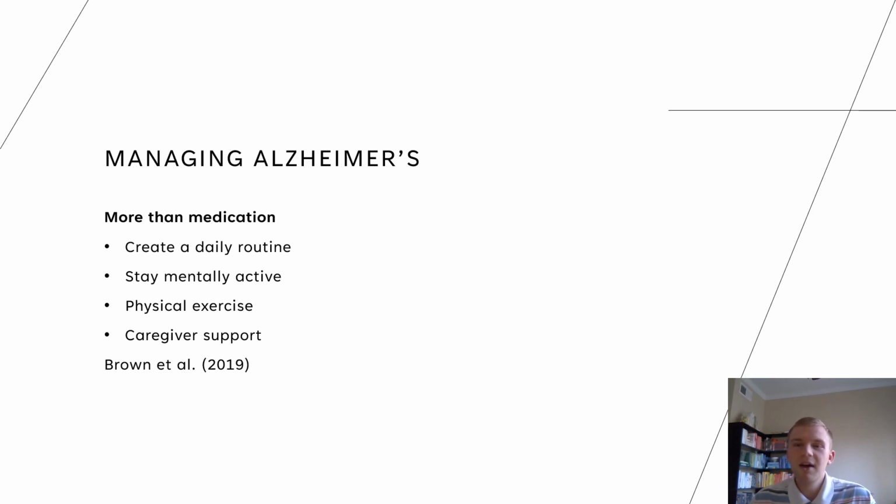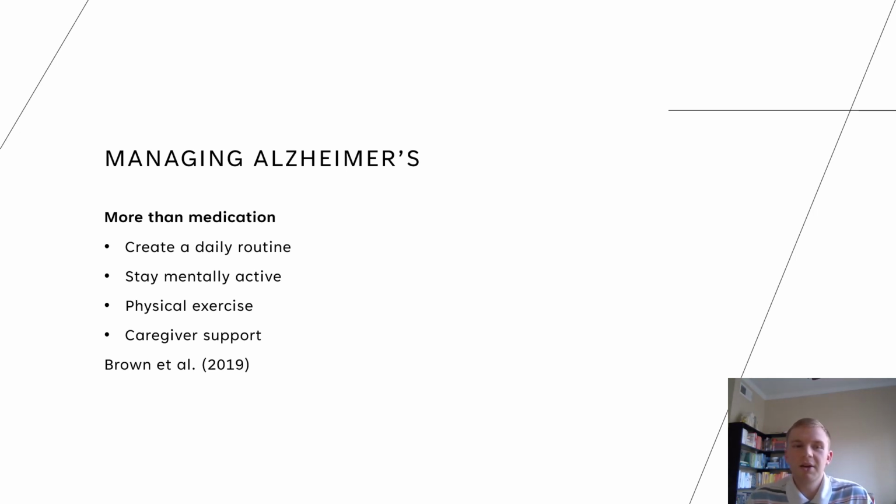This can reduce confusion. It can help individuals feel more secure. And so some things I would suggest are having meals at the same time every day, having bedtime be the same every day, waking up around the same time every day. They can all be helpful things.